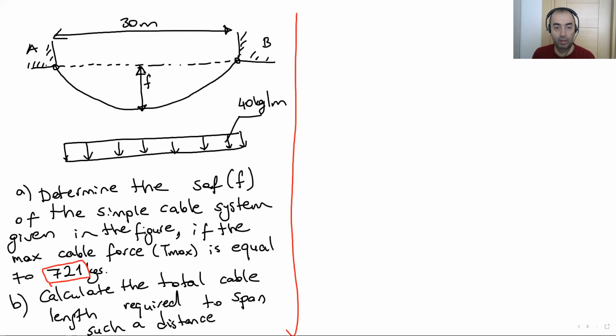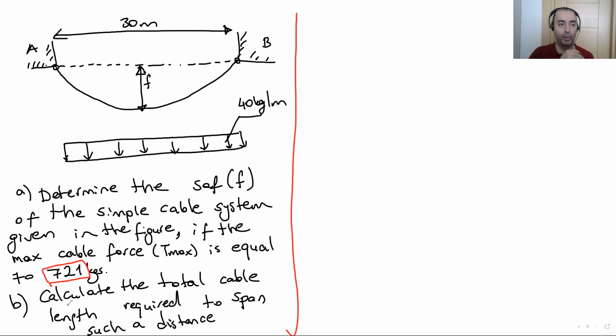T max. Firstly, if the question gives us T max, what is T max for us? Where does it occur? Remember, T max always occurs at the highest top point of the cable.